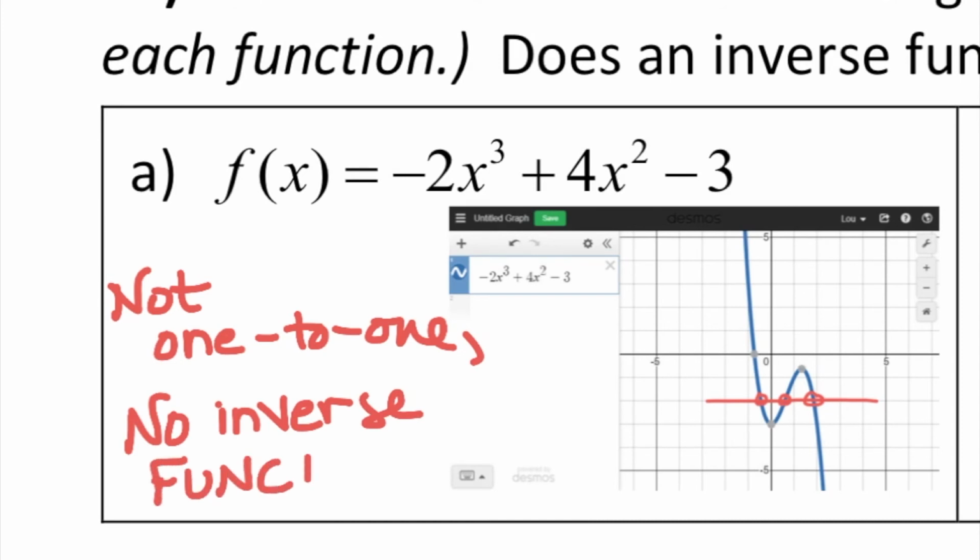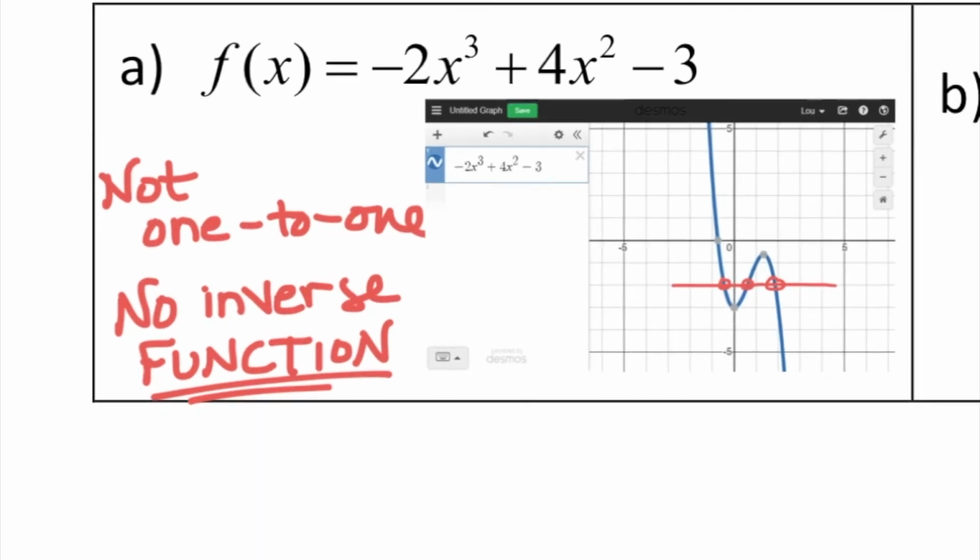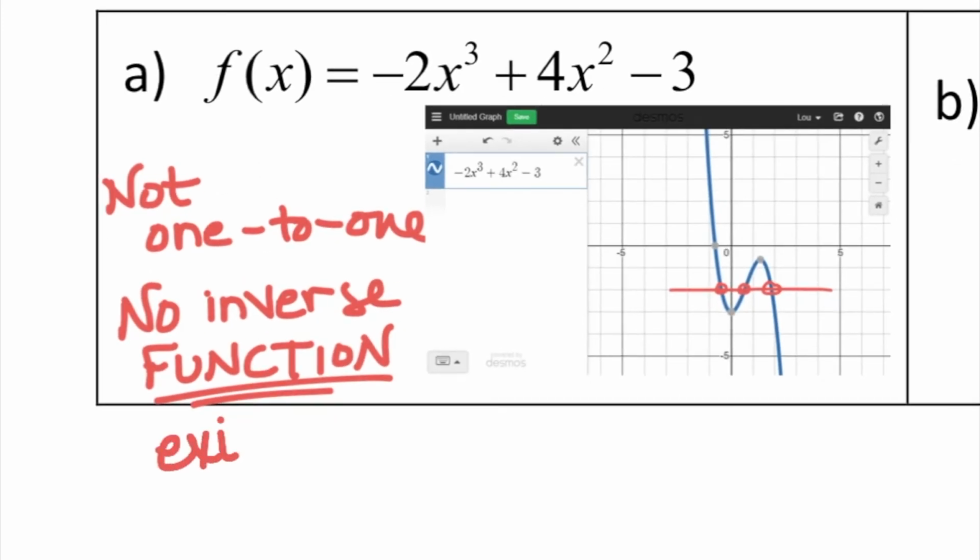Now, could you force the numbers to compute an inverse function? Sure. You could type this into Desmos in 2 seconds flat. If you wanted to, you would change all the x's to y's. You would say x equals -2y cubed plus 4y squared minus 3.